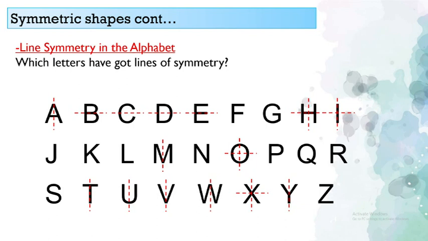Letters I, H also have got line of symmetry. M, O, these two letters also have got line of symmetry. T, U, V, W, X, Y. These letters also have line of symmetry.